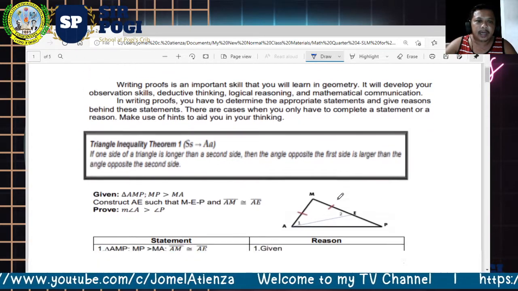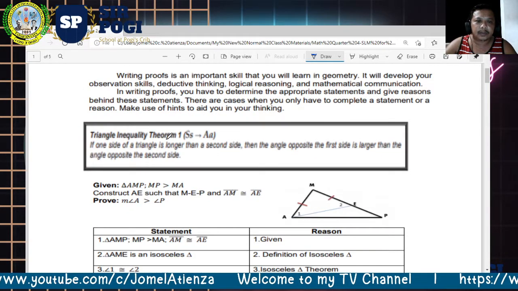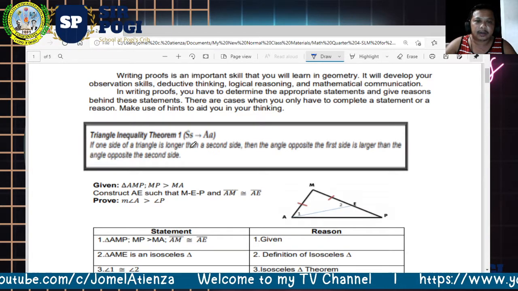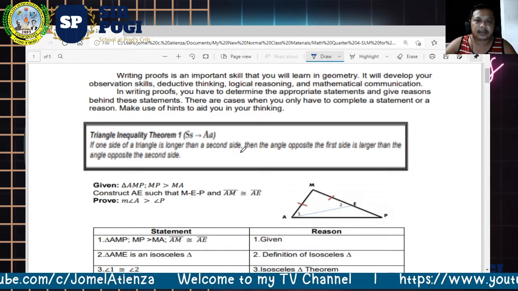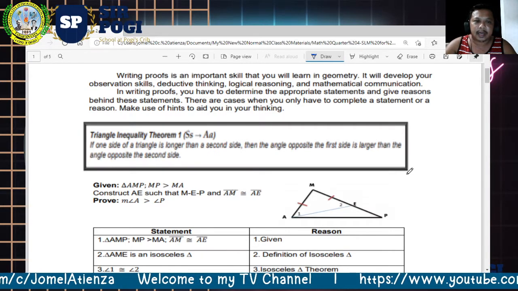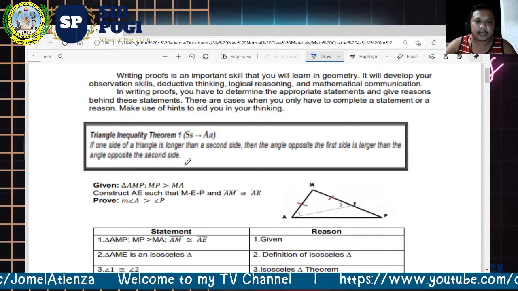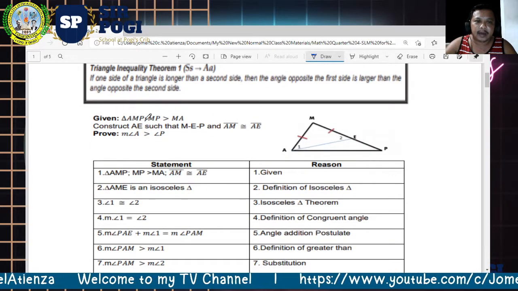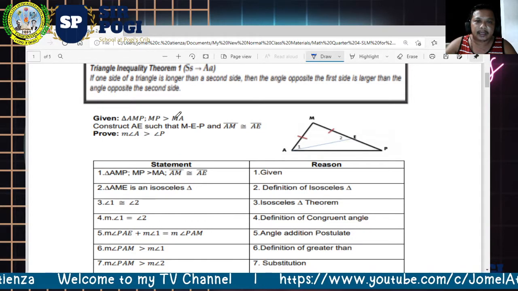Triangle Inequality Theorem 1: if one side of a triangle is longer than a second side, then the angle opposite the first side is larger than the angle opposite the second side. For example, given triangle AMP, MP is greater than MA.